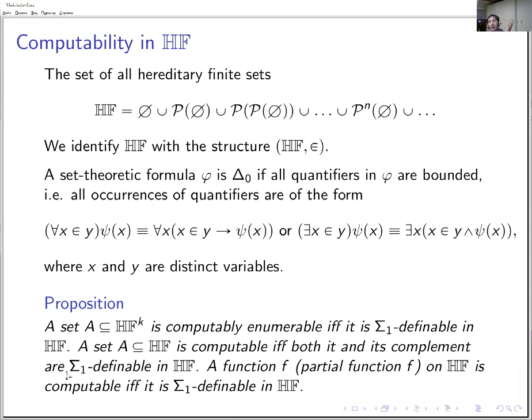Once you have this pairing function and you have sets, you could encode all kinds of finite objects in a very straightforward manner. So it's much easier to talk about computability in HF than in the naturals. But basically, it is the same thing.